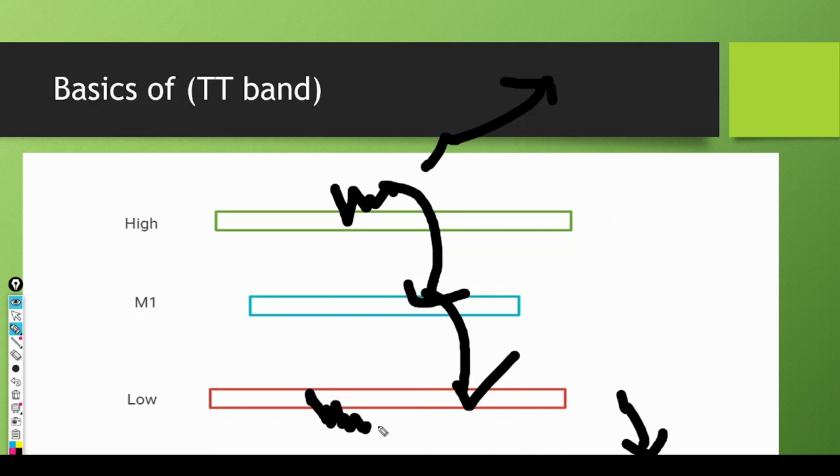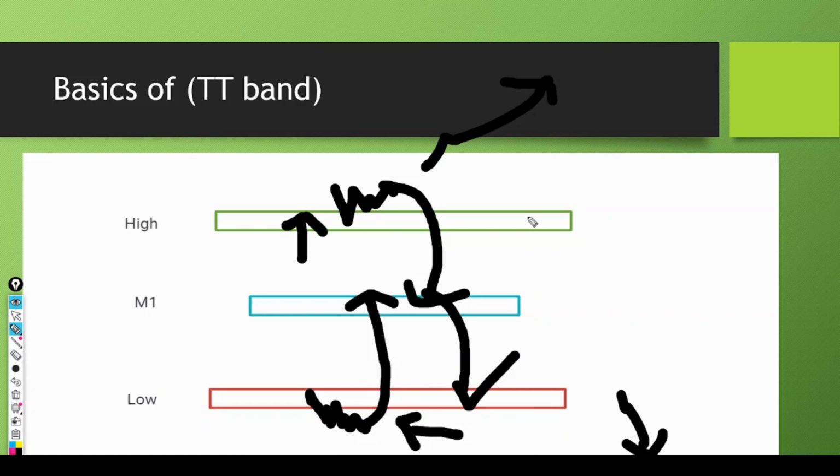What is the higher probability here? When the price is struggling to go down, it will reverse back and move upside, towards M1 or towards the upper zone of the TT band.